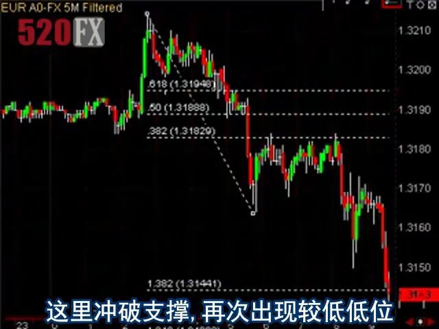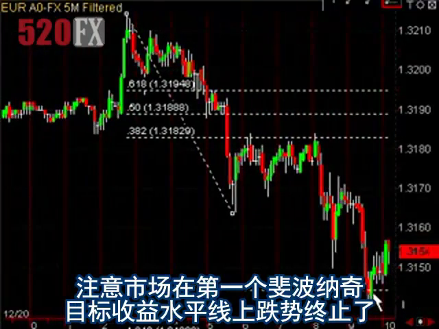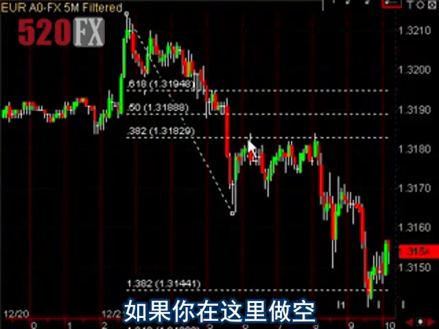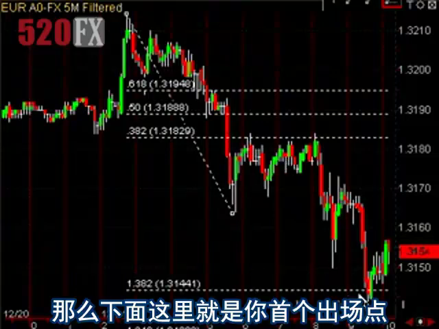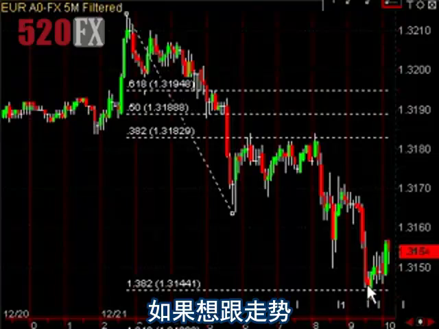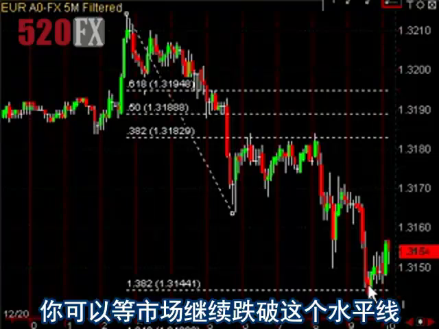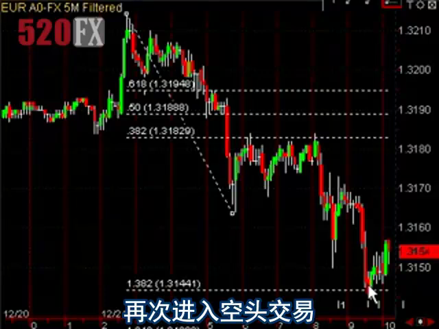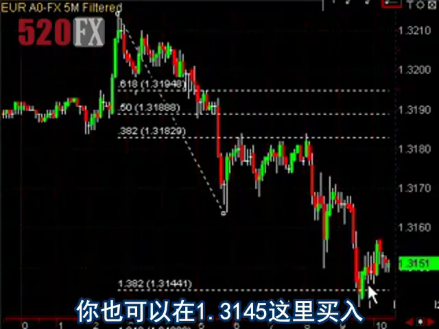The market breaks down and is going to a lower low, and you can see the market stalls right at the first Fibonacci profit target. If you're short right around here, this is your first profit objective, and in this case you made about 36 pips, and if you're a counter trend trader, you can wait for this level to get into a low short-term counter trend trade. You would have bought here at 31.45.